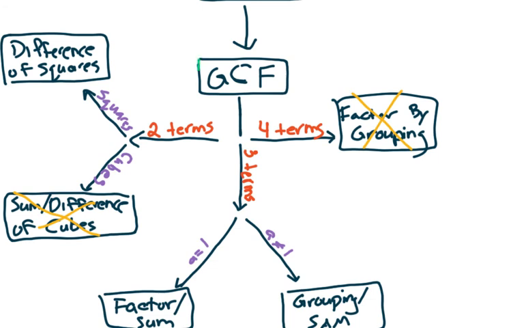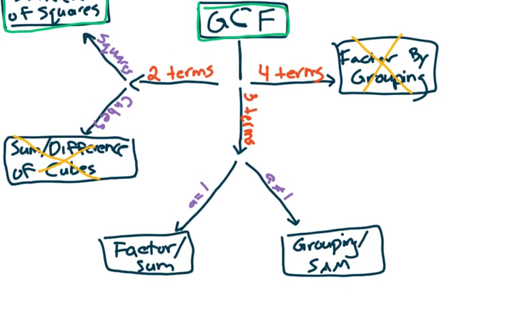So the only main ones we're going to be focusing on is GCF, difference of squares, factor sum, and SAM. There again are other methods of factoring. We just didn't necessarily go over them because they're not needed for the next upcoming unit. And besides 2, 3, and 4, we don't necessarily have a solid factoring method that will work for 5 terms, 6 terms, etc.